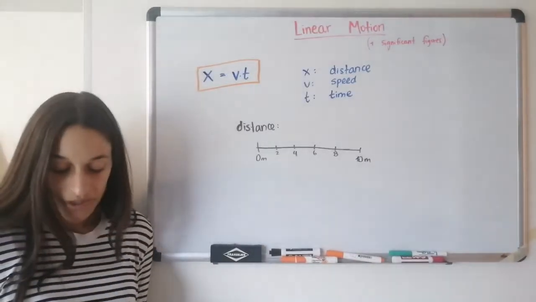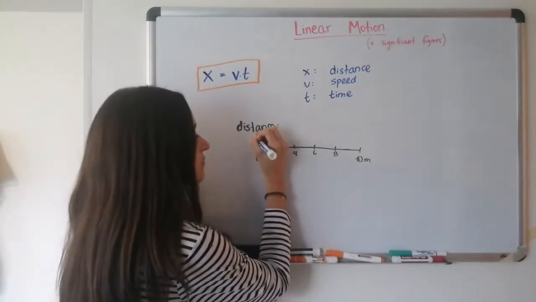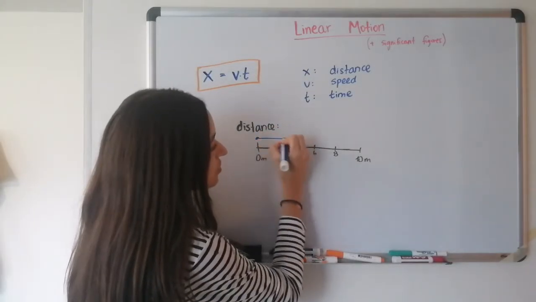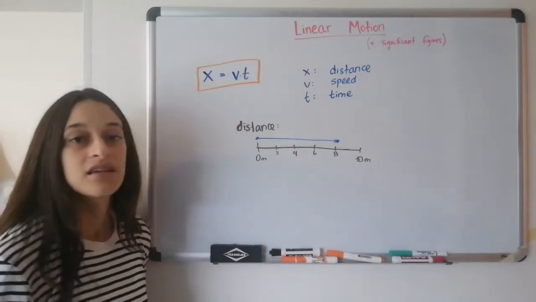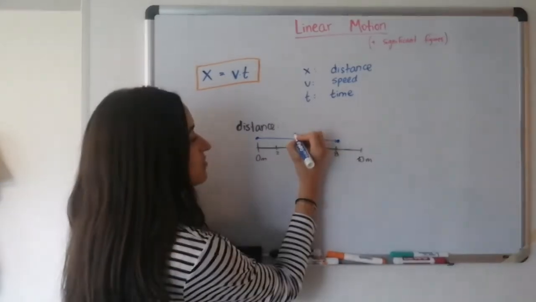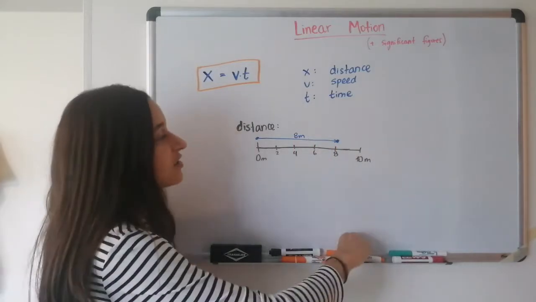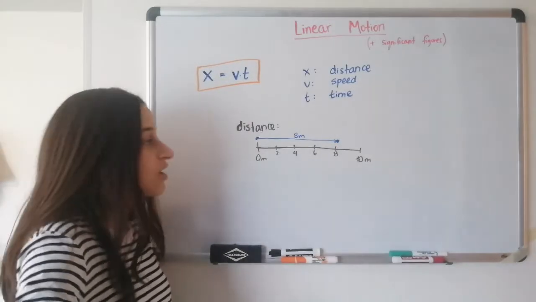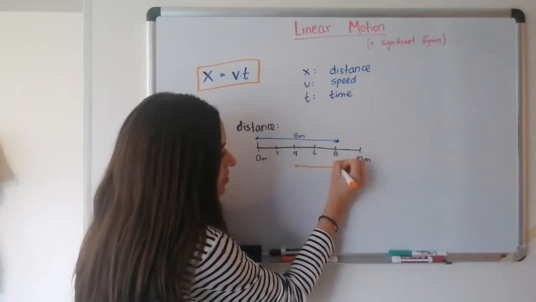Okay, so we might have a person who starts at 0 and moves all the way to 8. So from 0 to 8, their distance is 8 meters. But some other person might not start at 0. A person might start at 4 and end at 8 also.